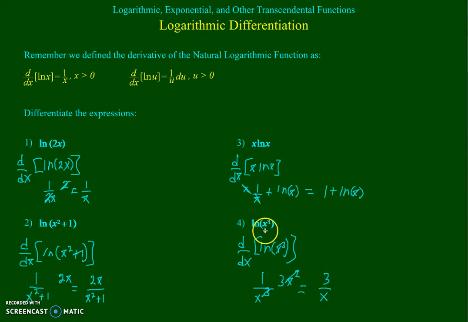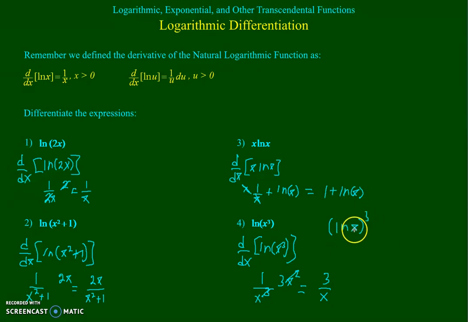Now before we move on, I would like to take a look at another example relating to this one. What if this had actually been the following? What would you have done? Give it a try and see what you come up with. Alright, now you should see, hopefully, that this is just an inner function and an outer function.